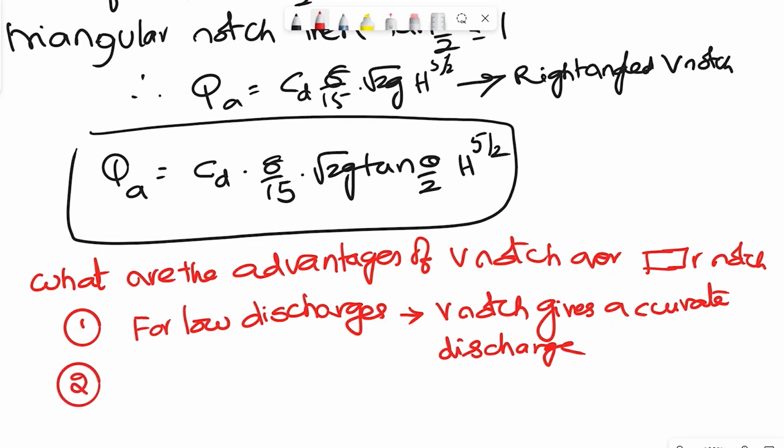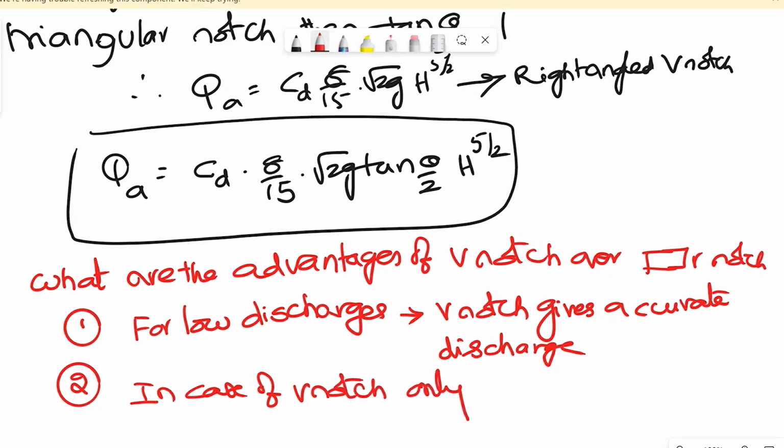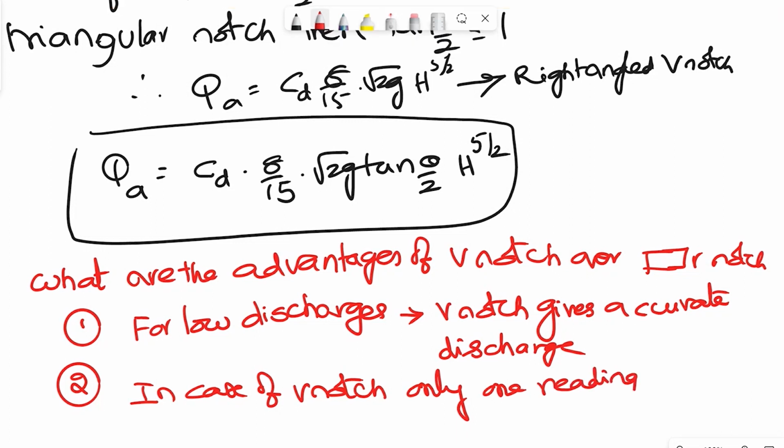Number two, in case of V notch, only one reading is enough to get discharge.